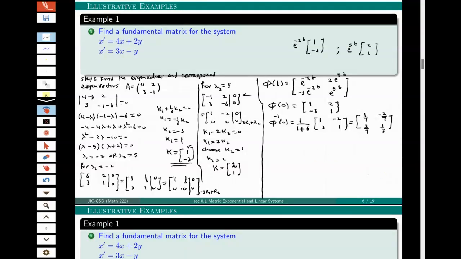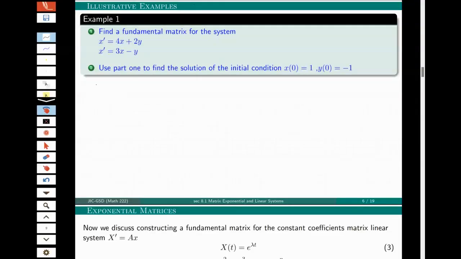So what will be the solution of the initial value problem now? I get the fundamental matrix, I get phi at 0 and its inverse. Now our next question is how to find the solution. We have x at 0 equal to 1 and minus 1. Sorry, we need phi at t.